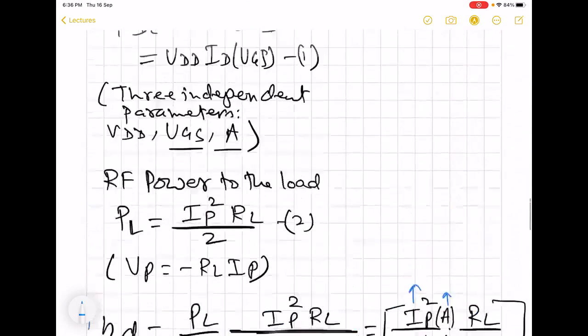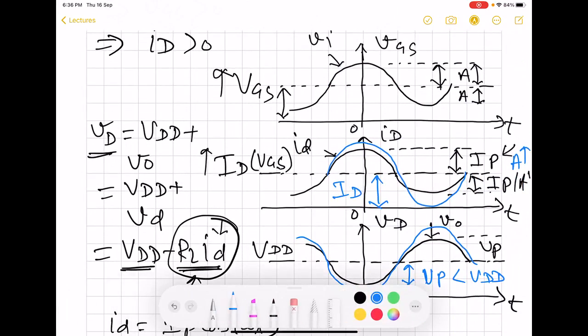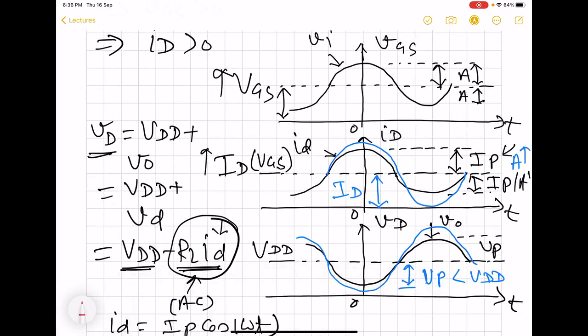For that, we will have to make changes. So you see that we have to increase VP to the extent equal to VDD. And this VP is IP magnitude-wise times RL. Minus sign is there, but we are talking about only the magnitude. So if we want to increase this VP, we will have to increase IP. So only when we increase IP, VP will increase and it will possibly become equal to VDD.